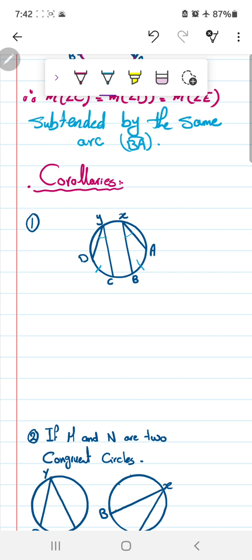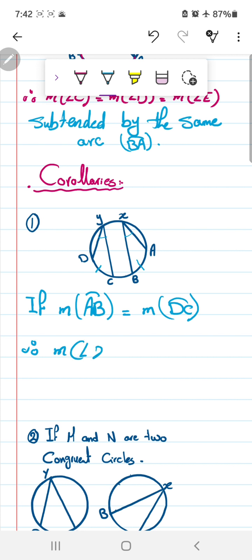So here, if the measure of arc AB equals the measure of arc DC, we get the measure of angle X equals the measure of angle Y. Okay, and vice versa: if the measures of the angles are equal, the arcs are also equal.